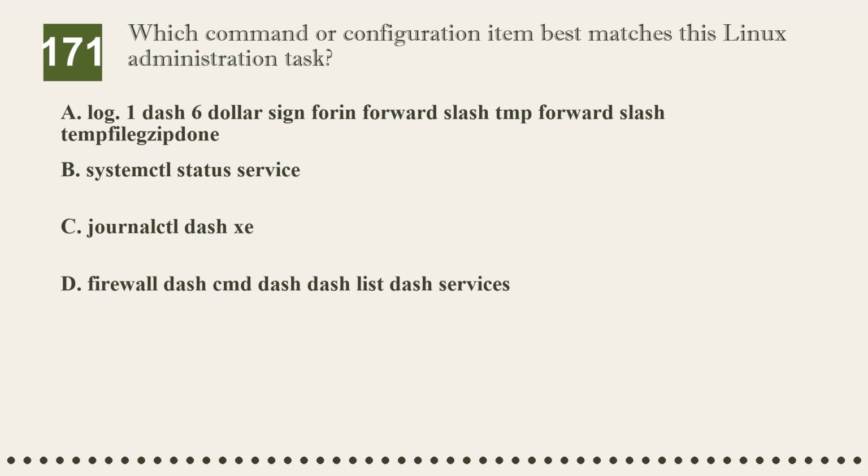Question 171. Which command or configuration item best matches this Linux administration task? Option A, log $1/6 $/tmp/temp/file-exip-done. Option B, systemctl status service. Option C, journalctl. Option D, firewall-cmd --list-services.